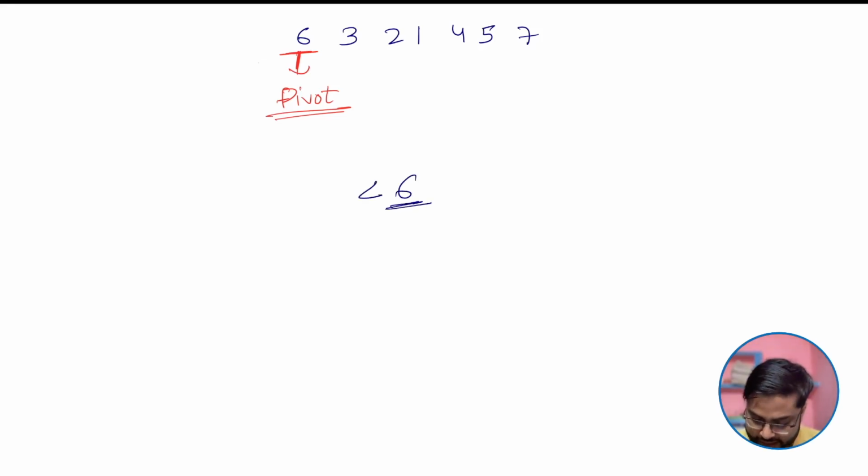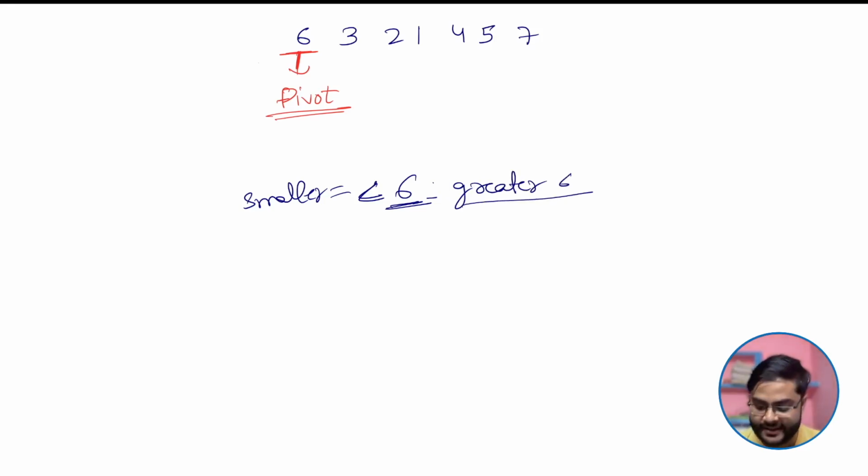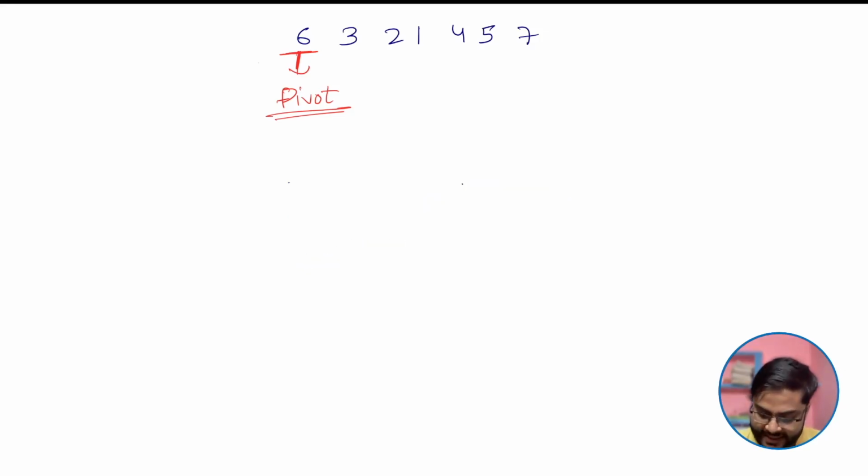So before it, everything will be smaller than or equal to 6, and after it everything will be greater than 6, right? So on the right side we have greater elements, and on the left side we have smaller or equal elements. Let's say I put 6 in the correct position. What will be the correct position of 6? Before 6 we can have 1, 2, 3, 4, 5.